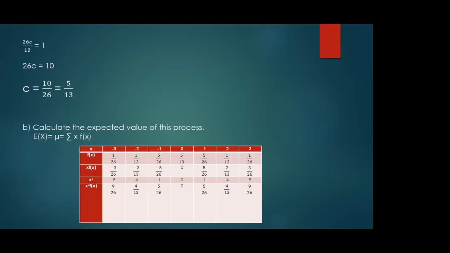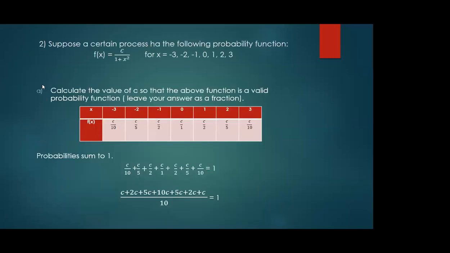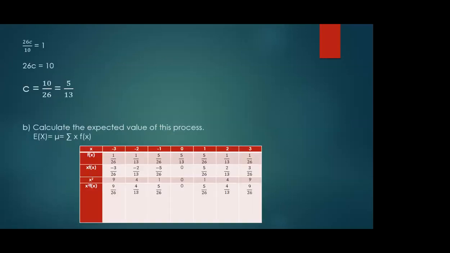After I got the value for C, I just substituted the value for C into each probability.